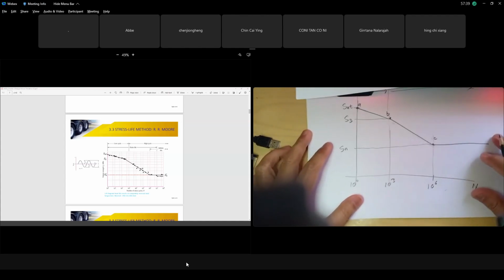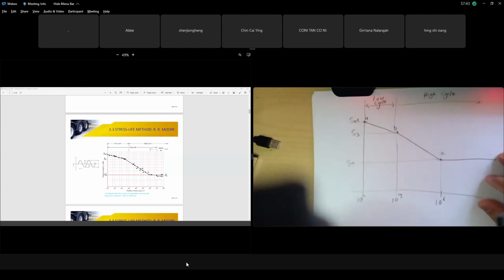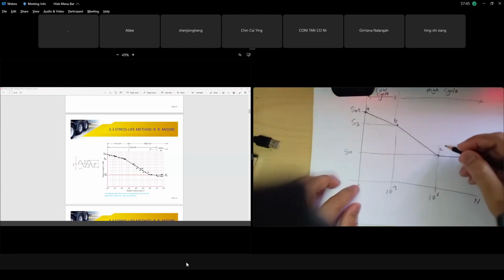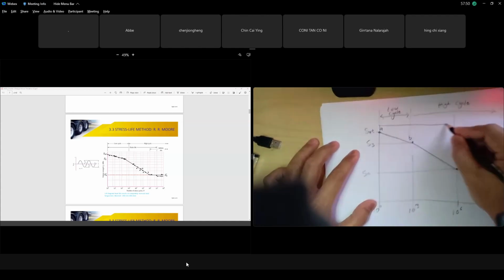In terms of life, between one cycle and 10 to the power of 6, we consider it finite life.